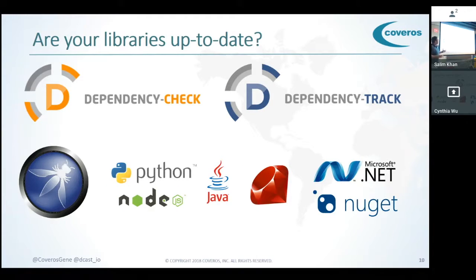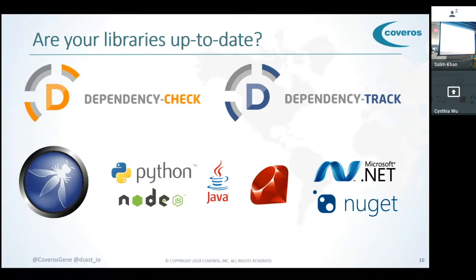Once you've done that, start doing some checks to see if the libraries that you do have to depend on are up to date. One of the OWASP Top 10 is using components with known vulnerabilities. It's been on there for the last 2 versions.